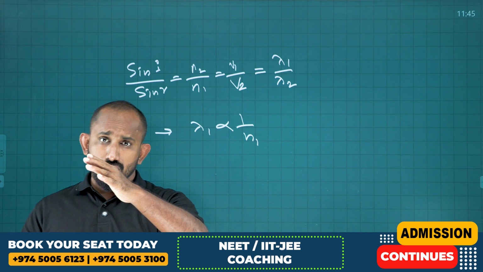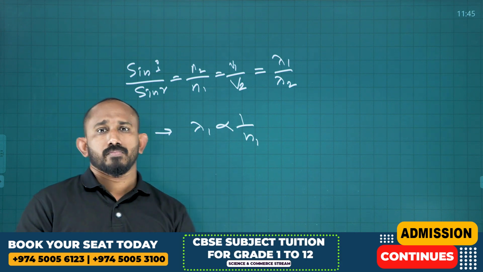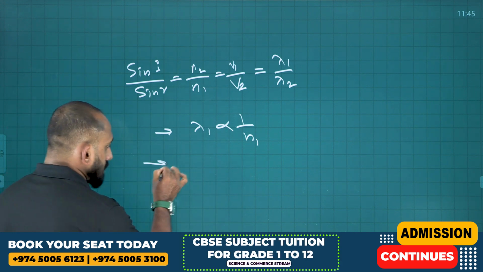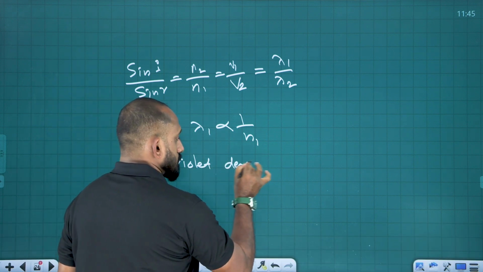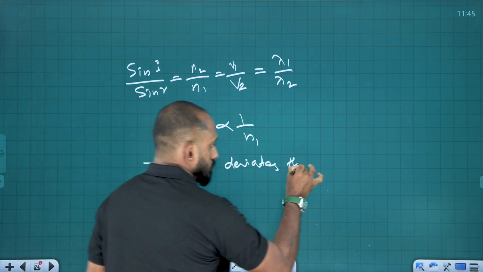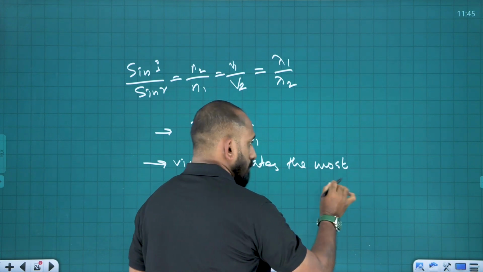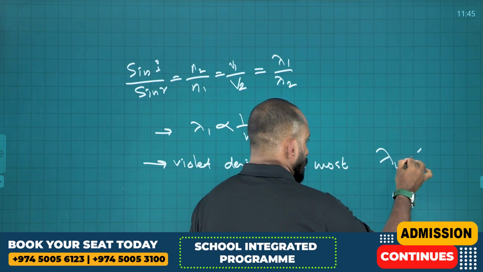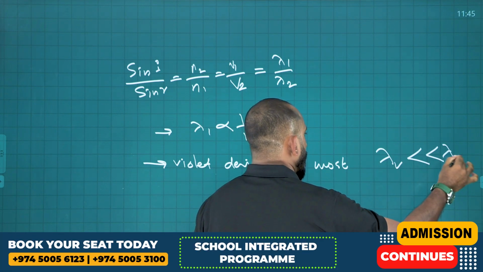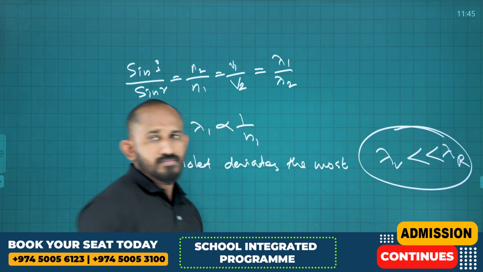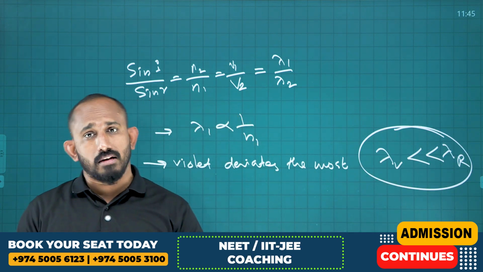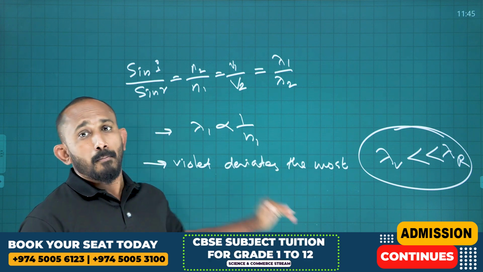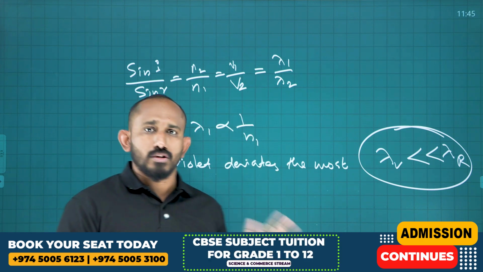If speed is very slow, they are deviated the maximum. So we can say violet color deviates the most, because lambda V is very much less than lambda R of red. Red has the greater wavelength, violet has the lesser wavelength. As wavelength is lesser, more deviation happens. So that question is covered.